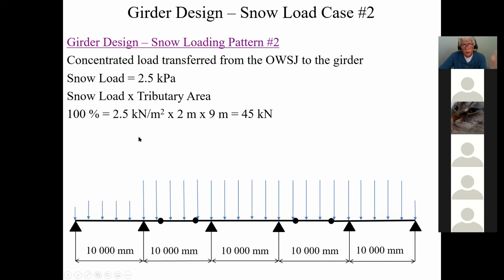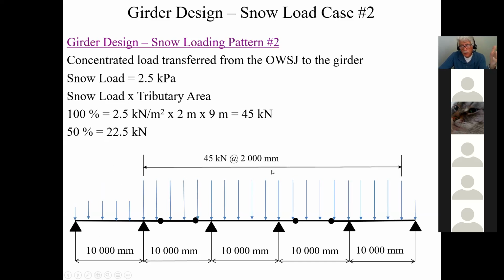If I want to put 50% as the code requires, I only take half that value, 22.5. So here I put 45 right across there. On the first span, I put 22.5, and the only reason I put 11.5 there is because this one only has half the tributary width all the time. So this is snow case number 2.